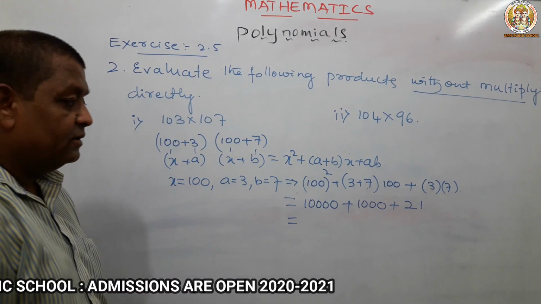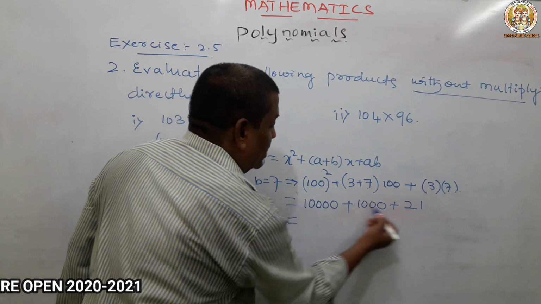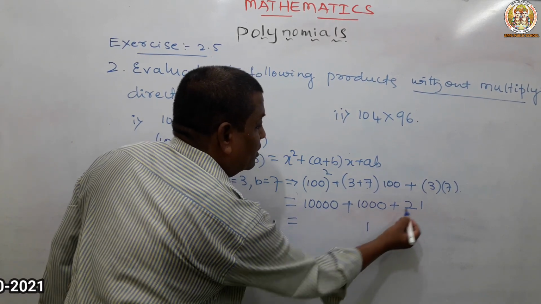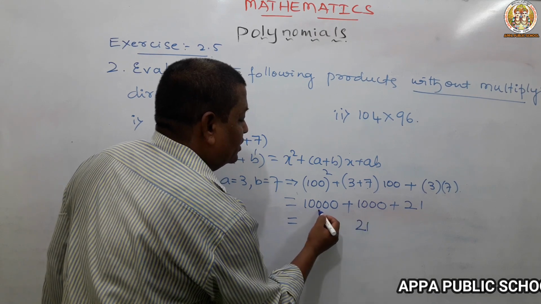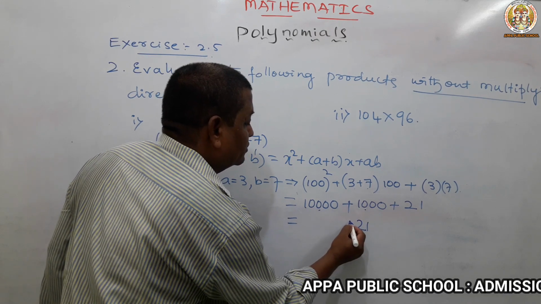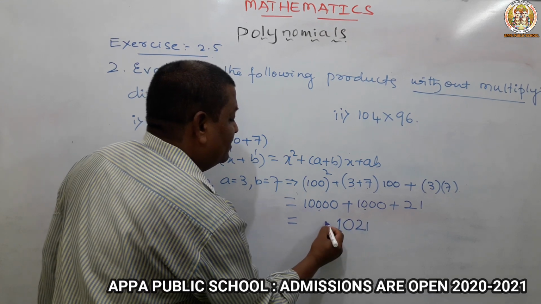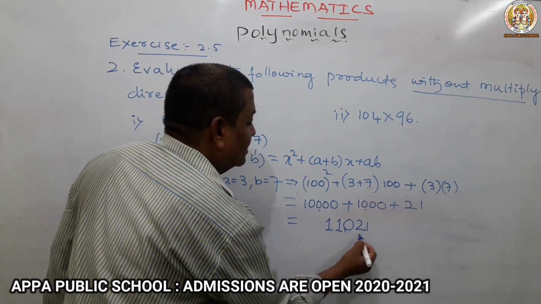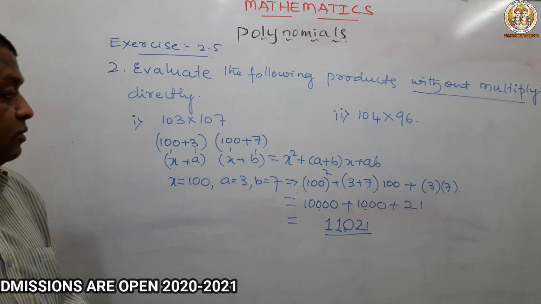So we need to add. You can use the common method or you can go with the digits. 1, 2. So the third place is 0, here also 0, here also 0. Fourth place is 1. So fifth place is 1. So finally we got 11,021.